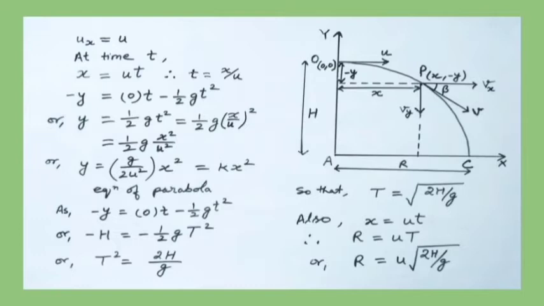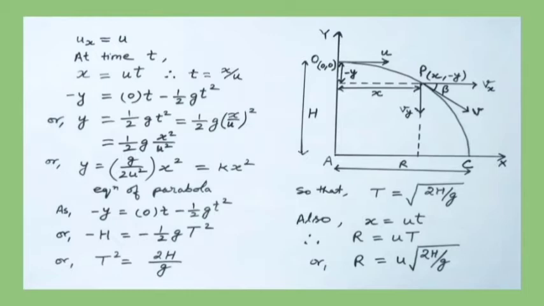In this situation, as -y = 0 into t minus half gt square, therefore -h = minus half g capital T square, or T square = 2h by g, so that T = under root 2h by g, which is the time of flight for this given situation.